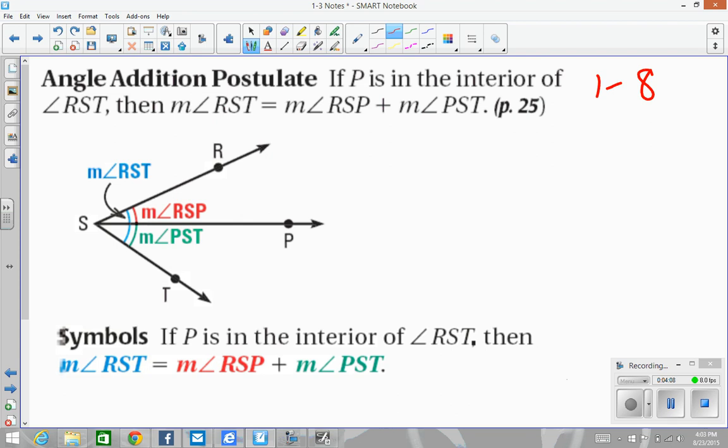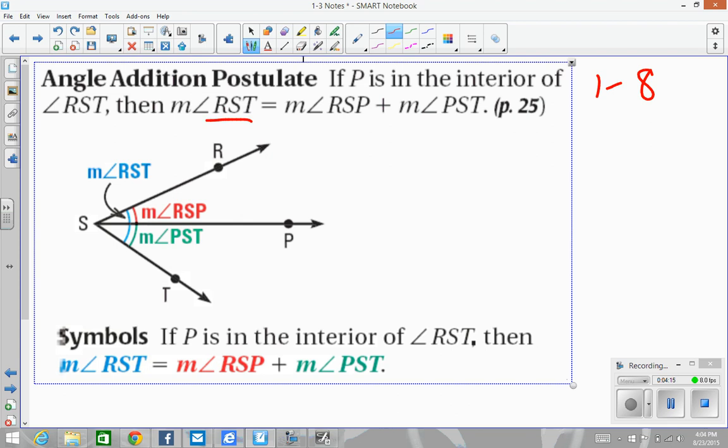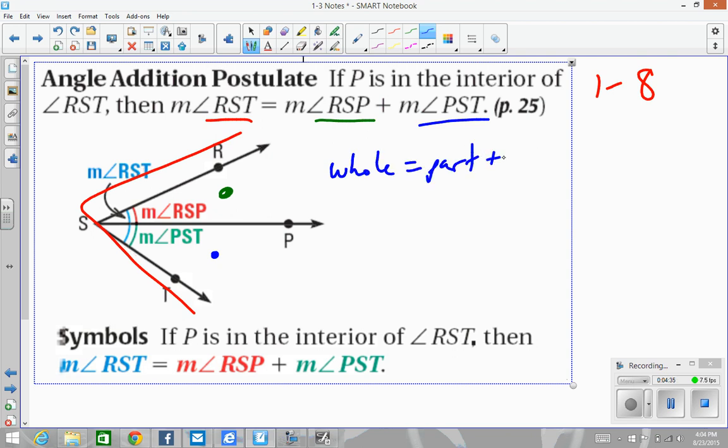Okay, and it says that if we have P in the interior of angle RST, then the measure of angle RST, which is this whole angle, is equal to angle RSP, which is this angle, plus angle PST, which is this angle. And I like to Schroderize things, so I always say the whole is equal to the part plus part. And that's my Schroderized version.